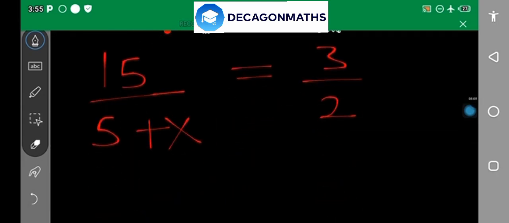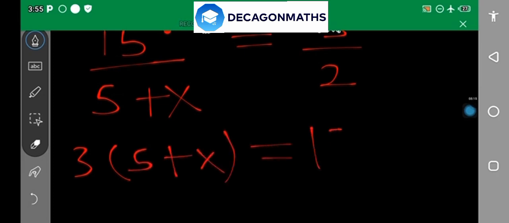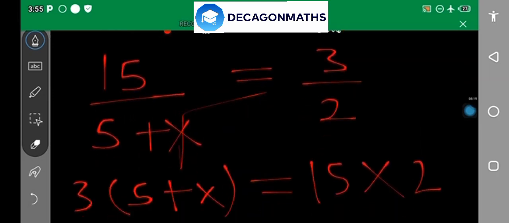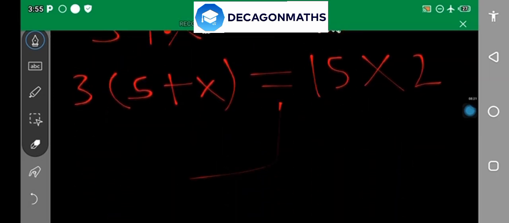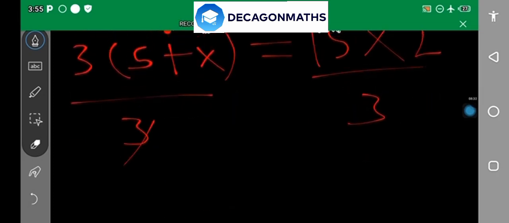Now we cross multiply. So we have 3 into bracket 5 plus x equals 15 times 2. We can divide both sides by 3, and this 3 is gone now.